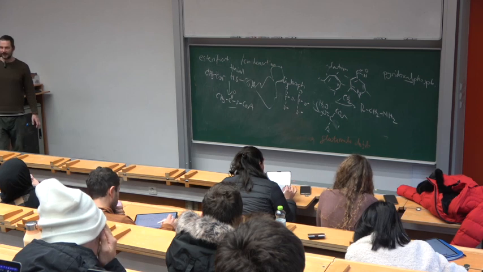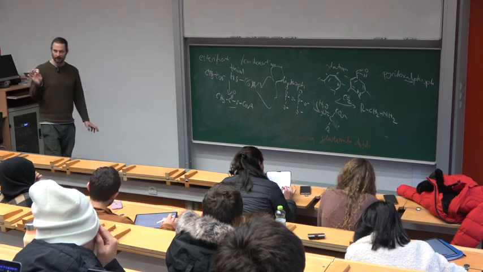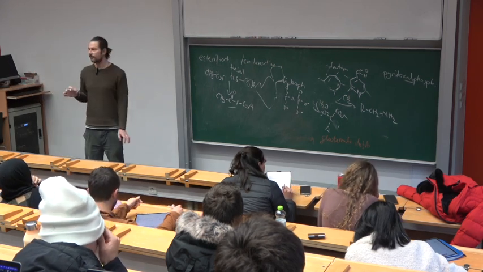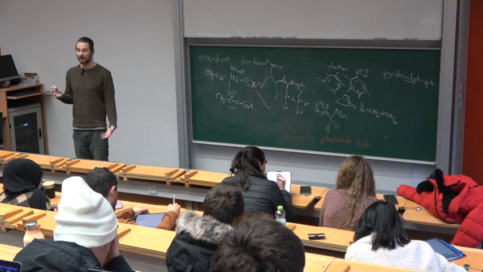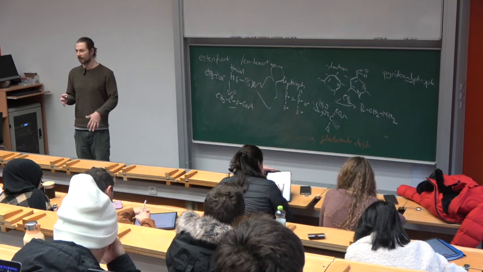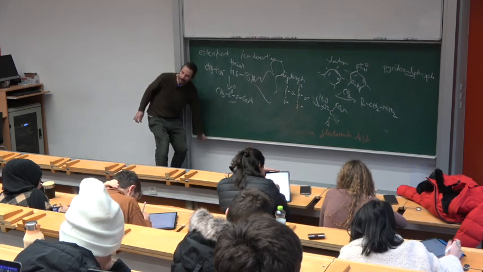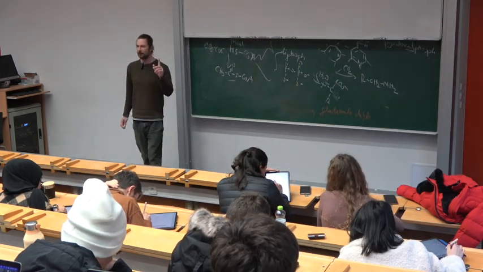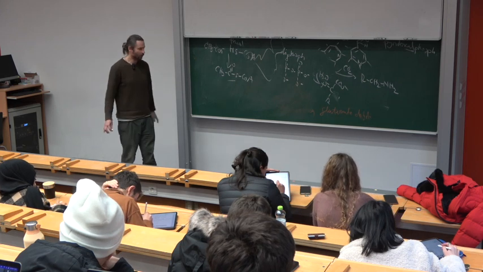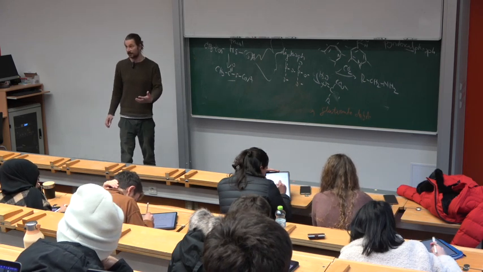Next reaction is going to be relatively quick. Next reaction is the formation of an amide and the removal of an amido group. The formation of an amide, I think we'll only see in one reaction, which is the synthesis of glutamine.